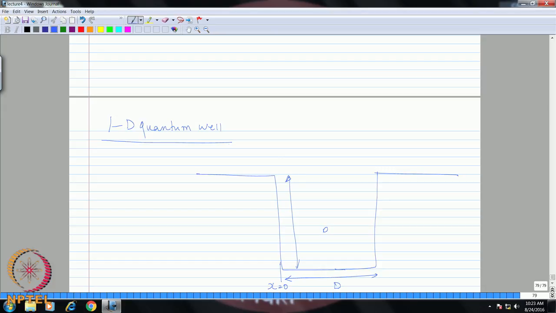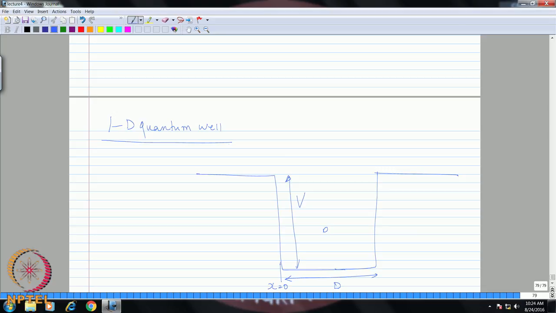Deep means this is not coordinate, this is just energy or potential energy required to escape this constraint. Okay. So, in this case let us assume that the potential barrier height is V. So, V is not infinity, it is finite.